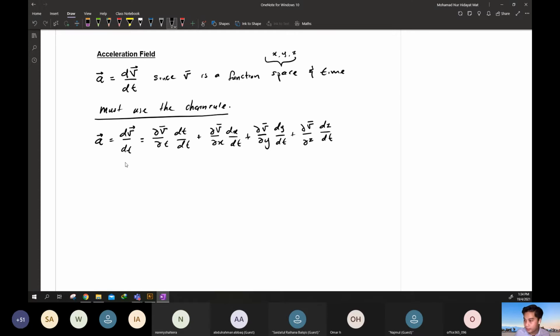Remember that previously we know that u equals dx over dt, v is equal to dy over dt, and w is dz over dt.